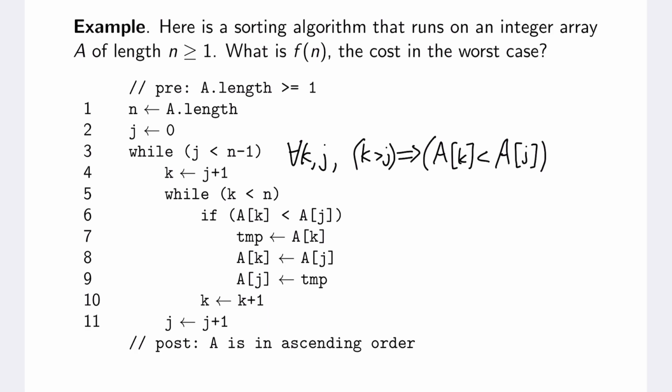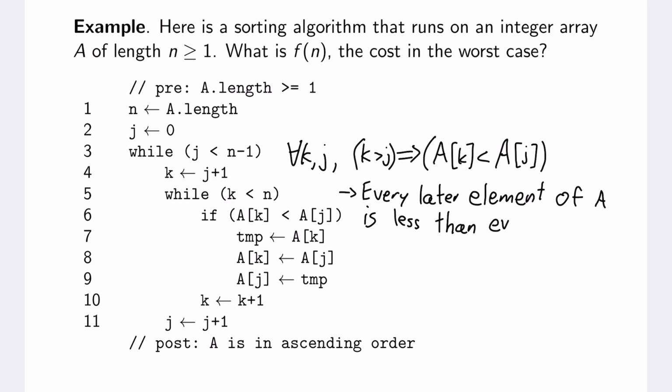But I think an okay translation of this is that every later element of A is less than every earlier element.